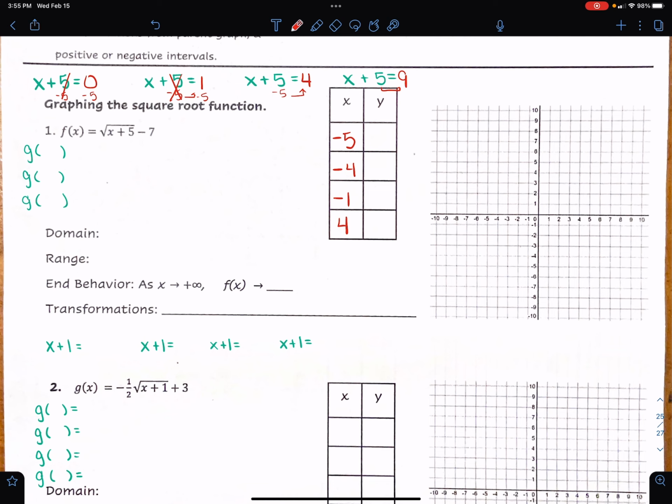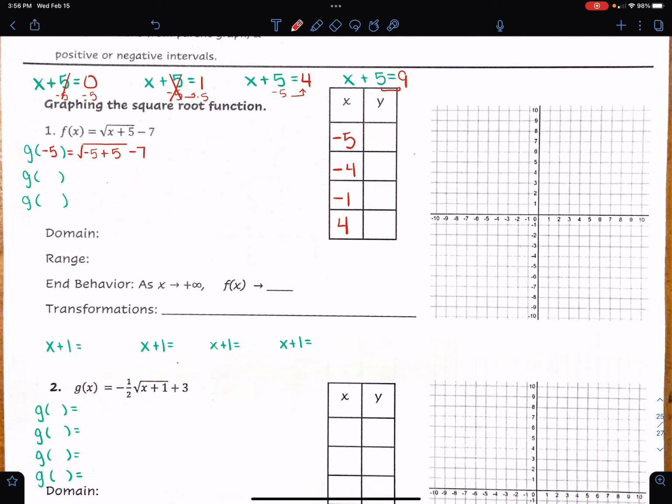Great. So now I have my input values. Now I have what x should equal. So now I've got to find out what y is. So I'm going to take each of those x values and replace x in the equation with those values. Okay, so I'm going to have g of -5, and that is going to give me radical -5 plus 5, and then there's a -7 outside the radical.